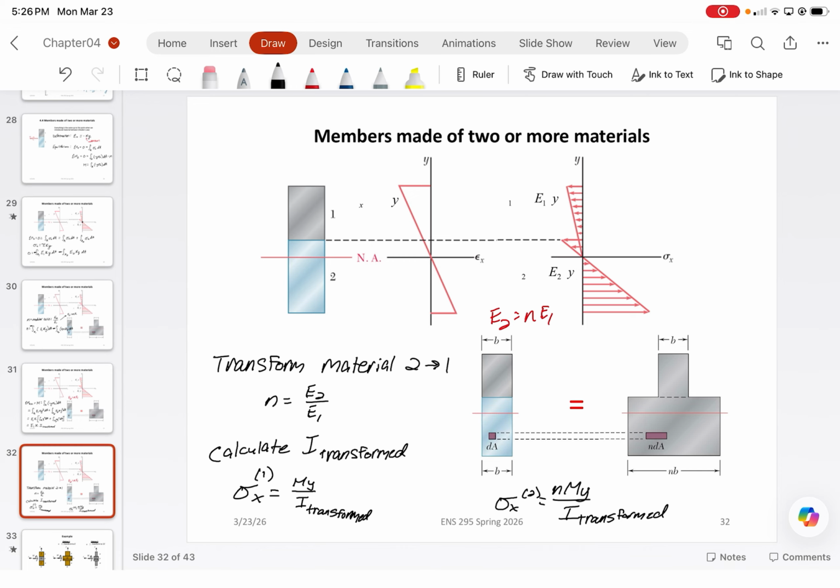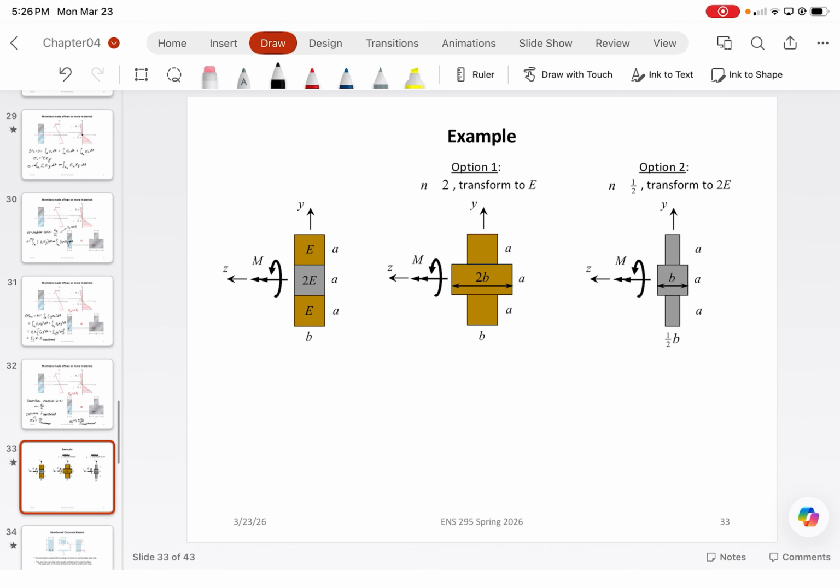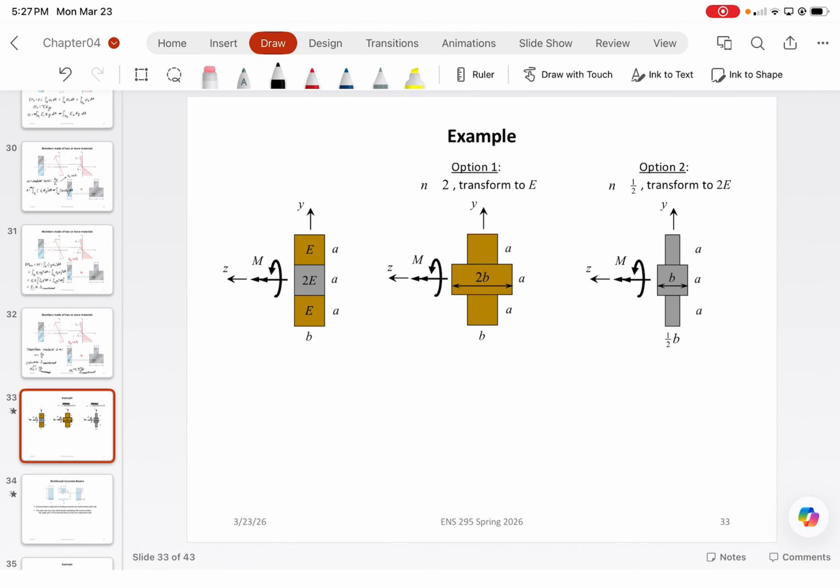So let's do a really quick example of transforming the cross section. In both instances, we should get the same answer for what the strains would be, but there are two different methodologies.